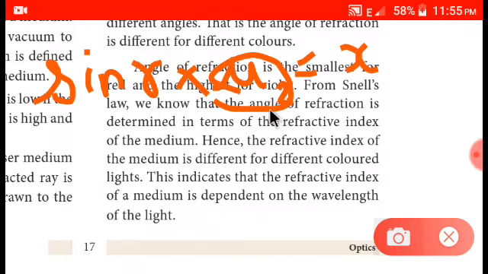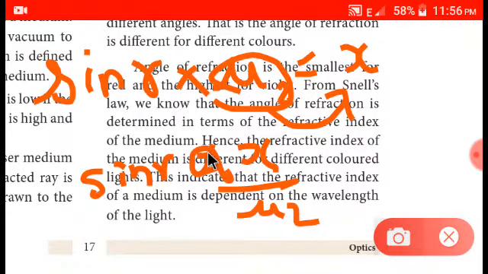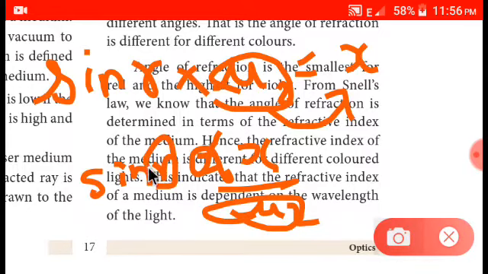If I take mu 2 to the other side, sin r is equal to x by mu 2, which means sin r is inversely proportional to mu 2.